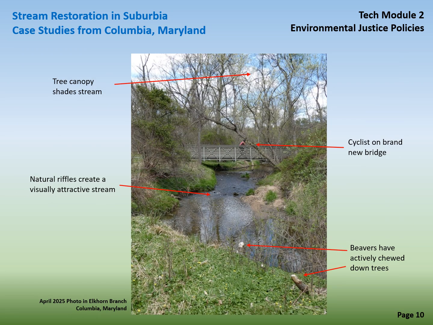Here's just another photo of Elkhorn Branch from near my house. It was taken in early April, so the trees had not leafed out yet, but the tree canopy shades the stream, so the water doesn't get overheated. So yes, the ecological conditions have been affected, but there are things that live there, and the tree canopy helps them withstand the summer sun.